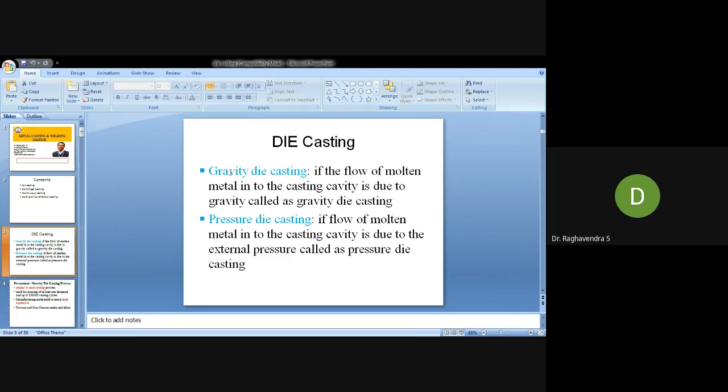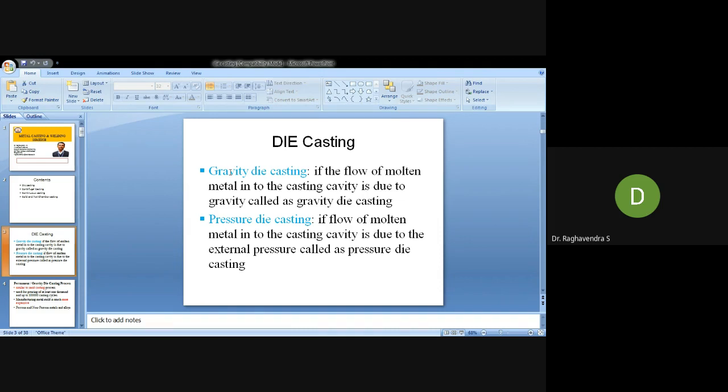Gravity means automatic. Let me give you an example. You take a two-wheeler. Where is the petrol tank?